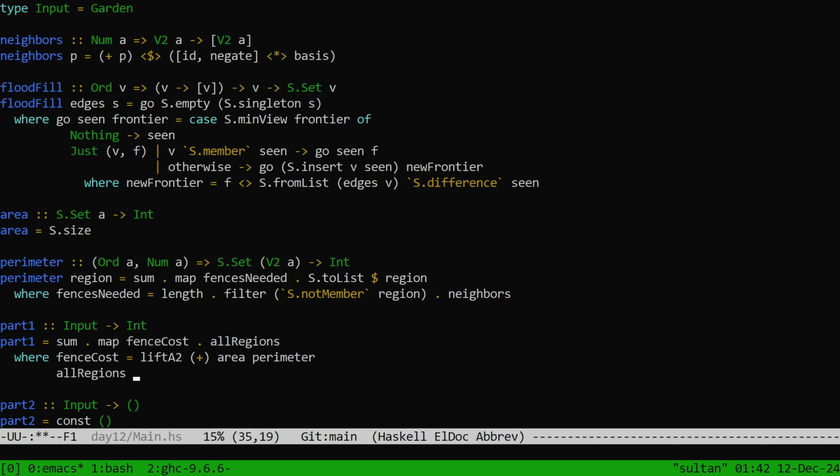So all regions of G, for garden or grid, is go of what exactly?